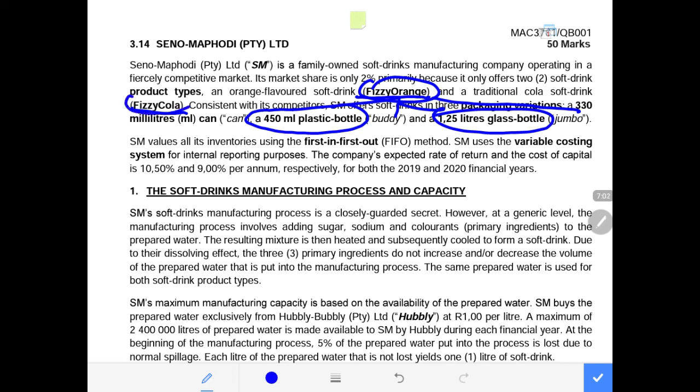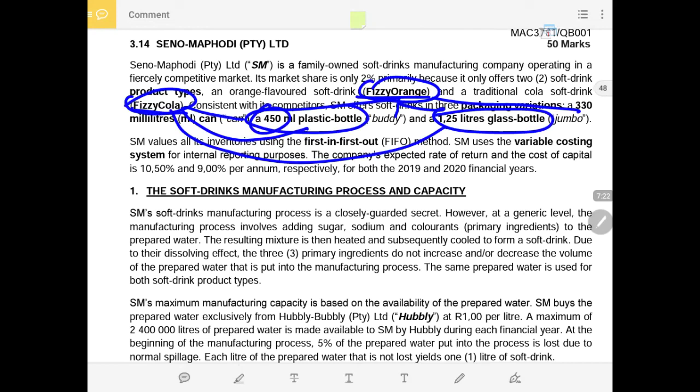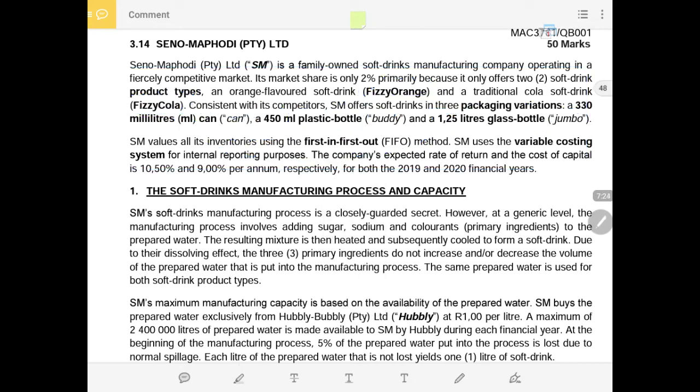Similarly, the Fizzy Cola has a can, a plastic bottle of 450 milliliter, and a 1.25 liter glass bottle. So now we have 2 product types, and each product type has 3 product variations: a can, a bottle, and a 1.25 liter glass bottle.